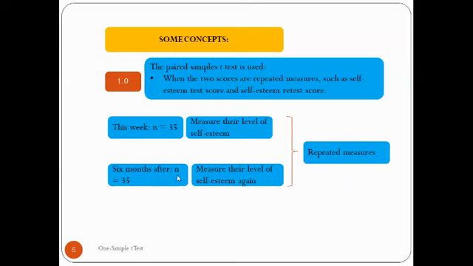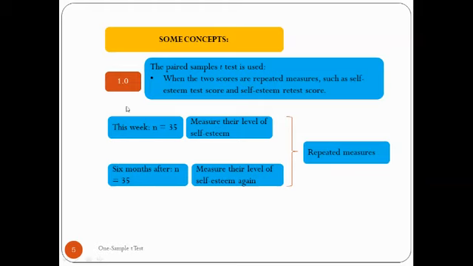Still some more concepts, ladies and gentlemen. Here, the paired sample t-test is used when the two scores are repeated measures, such as self-esteem test score and self-esteem retest score. I have an example.